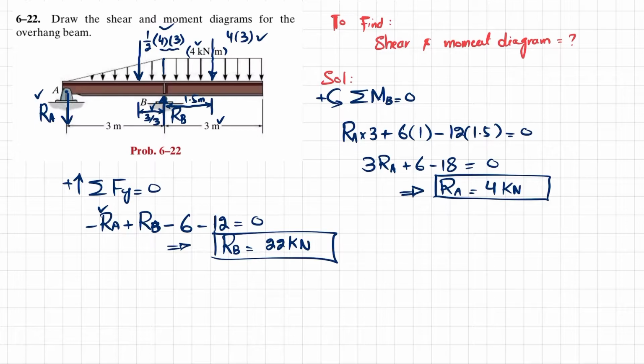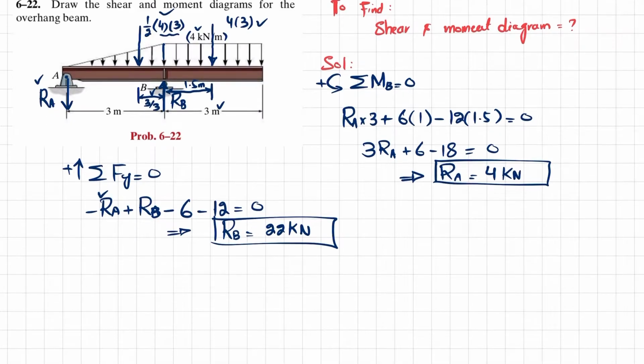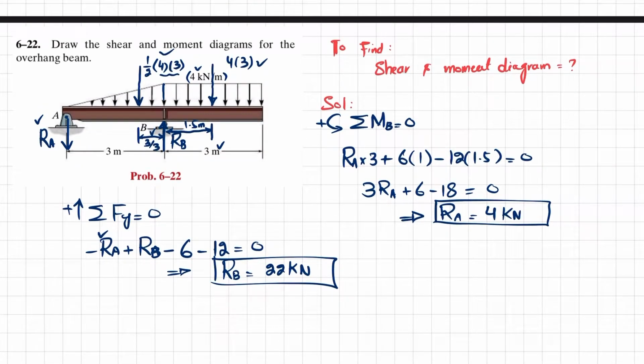Now we will move toward our basic part, that is to find the shear force and bending moment diagram. From point A to B the load is uniformly increasing, then the load is discontinuous, and in the remaining portion the load is distributed.